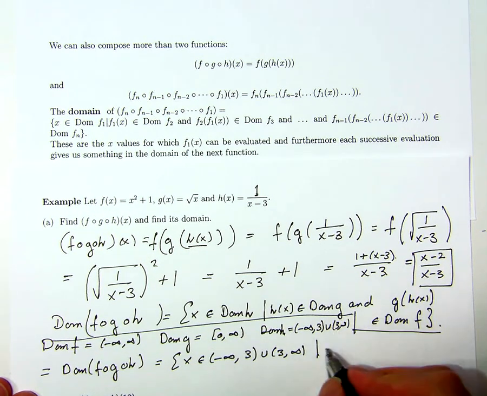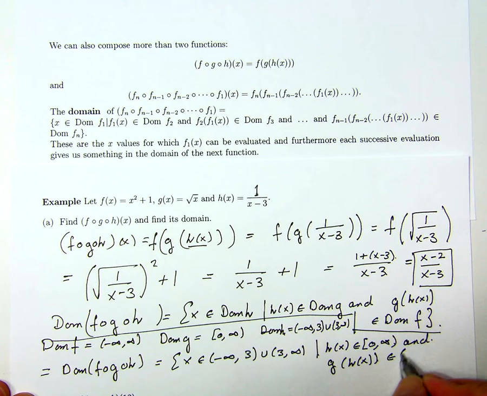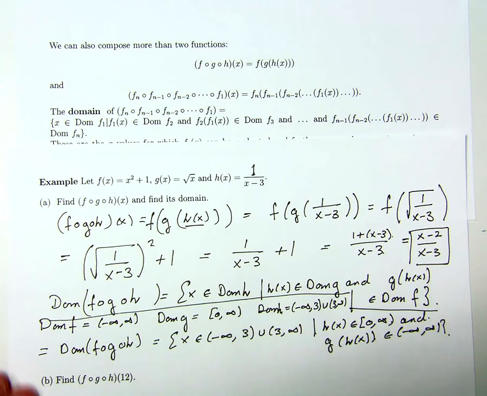Such that when I apply h to it, I get something in the domain of g, which is everything from 0 to infinity, and so that g of h of x is in the domain of f, which is just anything in the real numbers. So that's not really a restriction.